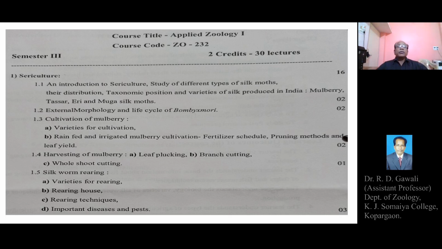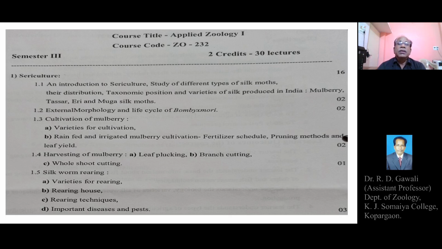So we are going to discuss about the syllabus for the Zoology paper 2nd, section 1st. The course title is Zoology paper 1 and the course code is ZO232.